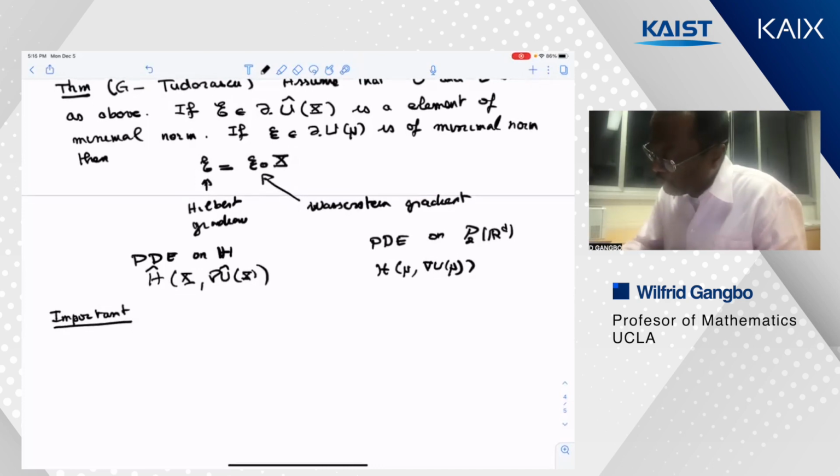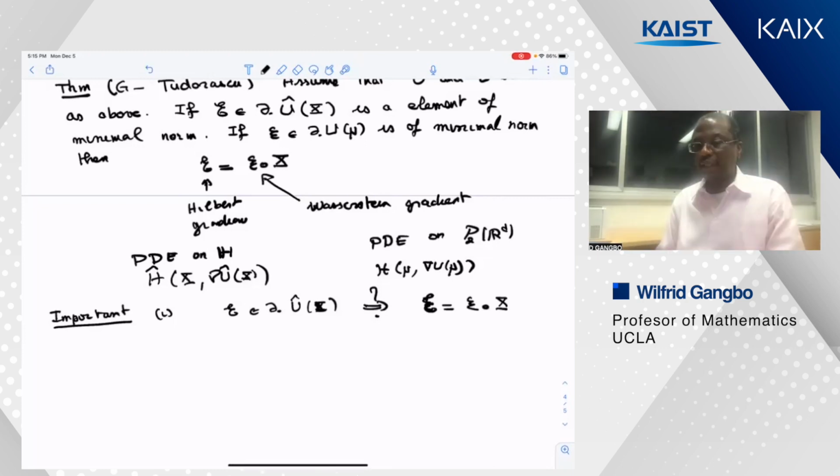Observe that I did not say that psi in the subdifferential of x implies psi can be written psi composition x.